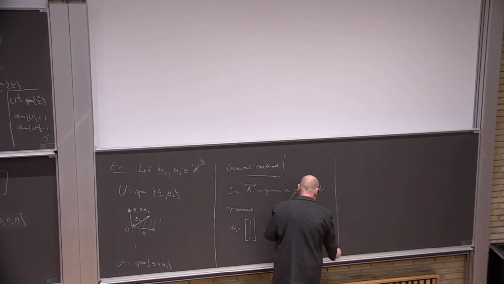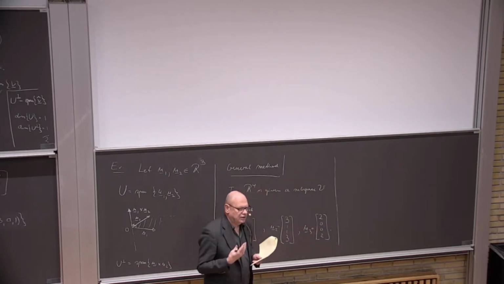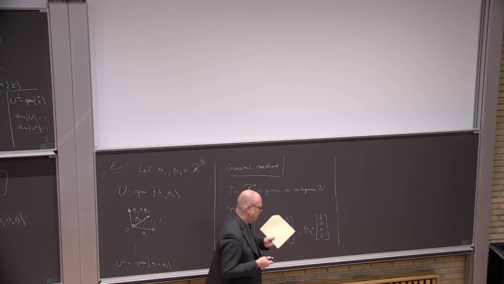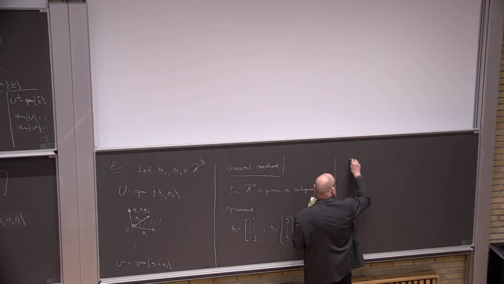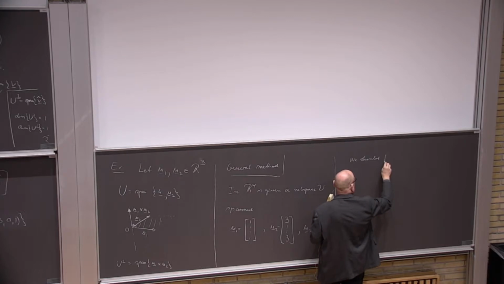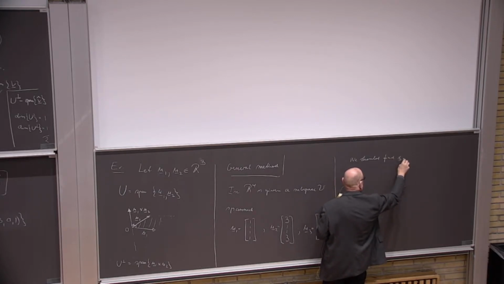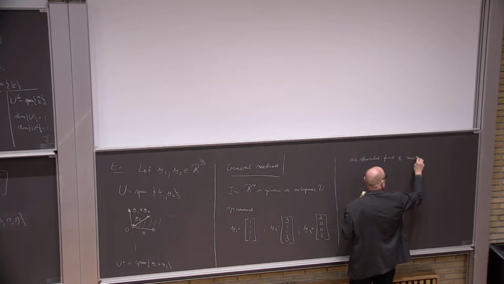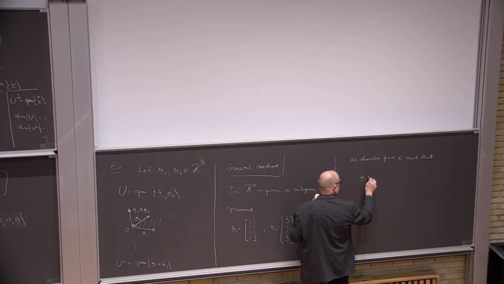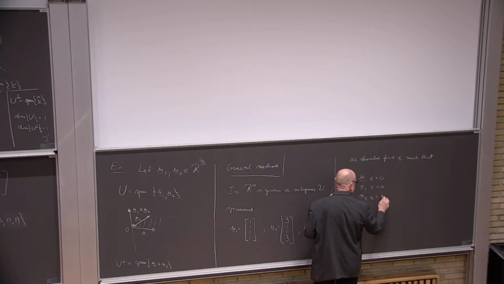We know one thing: if we have a vector x in the orthogonal complement, then we should find x such that u1 times x is equal to 0, and u2 times x is equal to 0, and finally u3 times x is equal to 0.